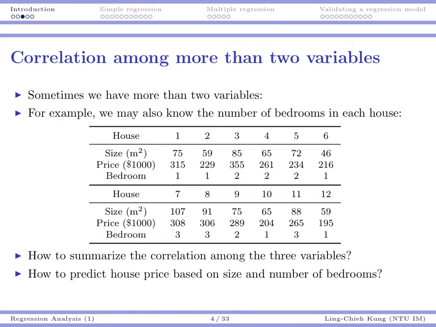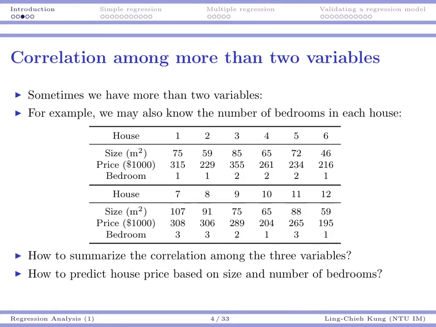So that information may also be related to size and price. So if that's the case, may we somehow summarize the correlation among three variables? This is definitely something we did not cover when we talked about correlation coefficient. If you go back to check the formula, that formula can only accommodate two variables. If we have more than two variables, then that's another issue.